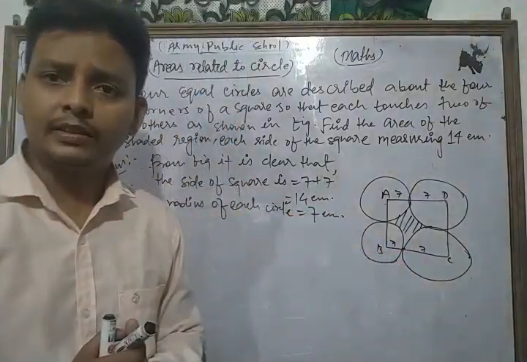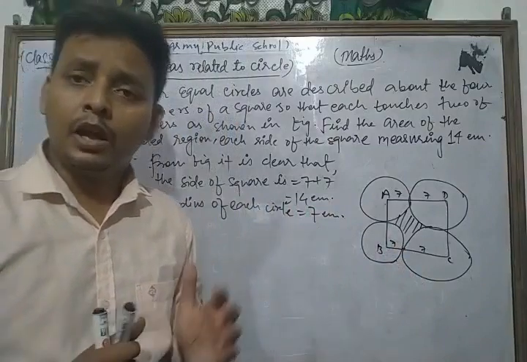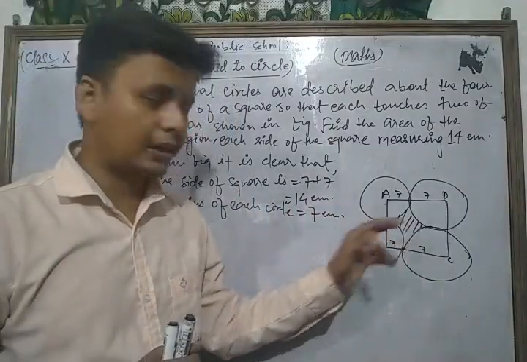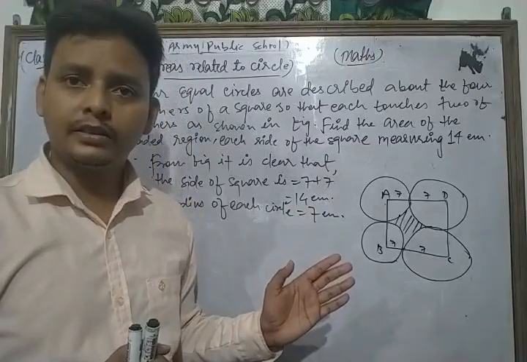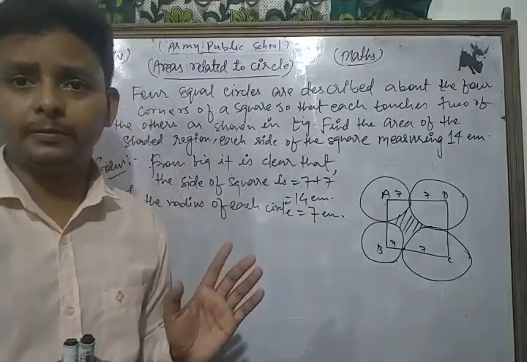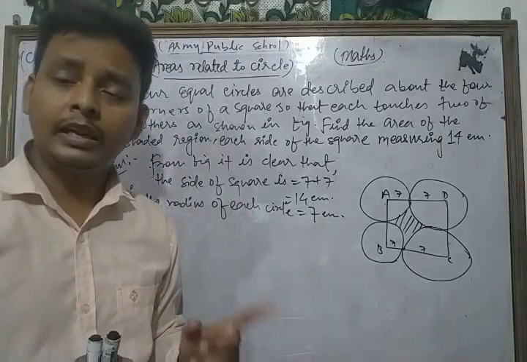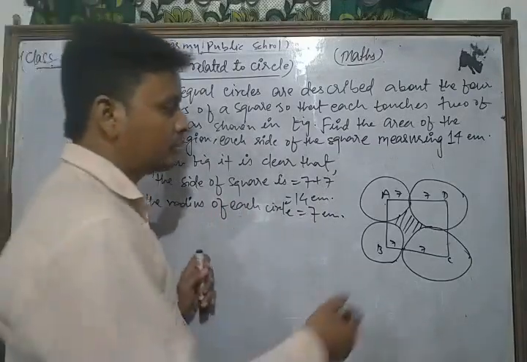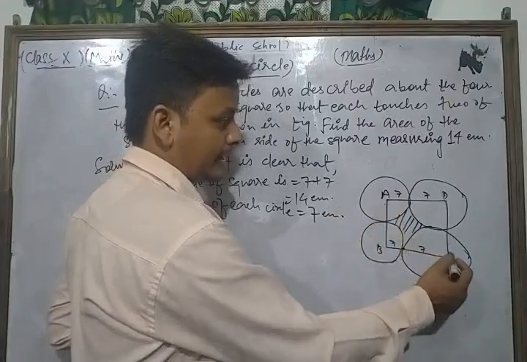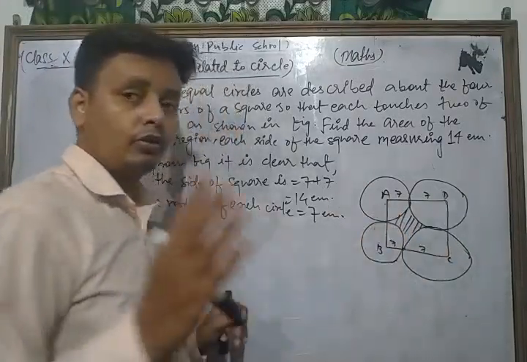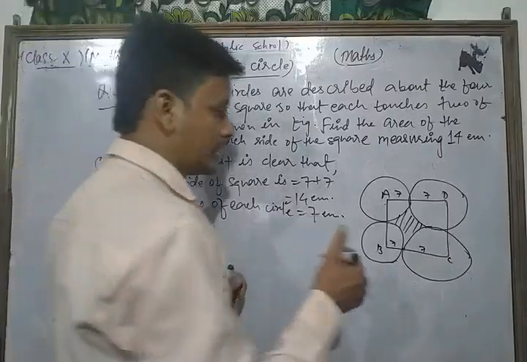Now look, what do we find in that question, dear students? We find the area of the shaded region. So from the figure it is clear that the area of the shaded region is obtained by subtracting the area of four quadrants from the area of square ABCD. Four quadrants means what?